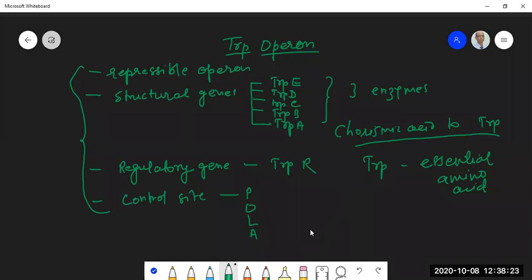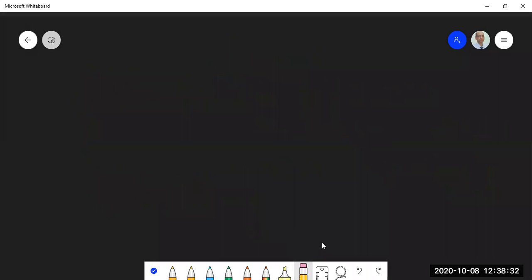Let us see a diagram of it. So let me draw a diagram of this Trp operon.